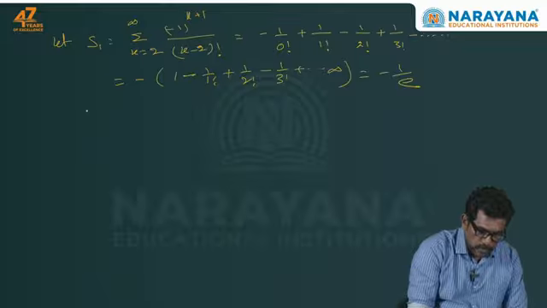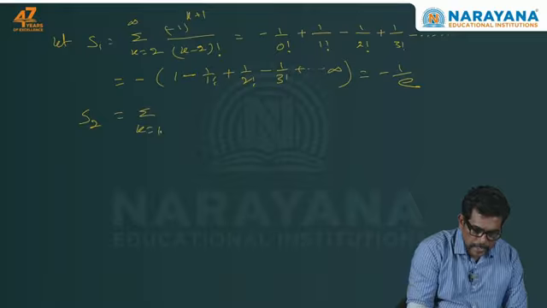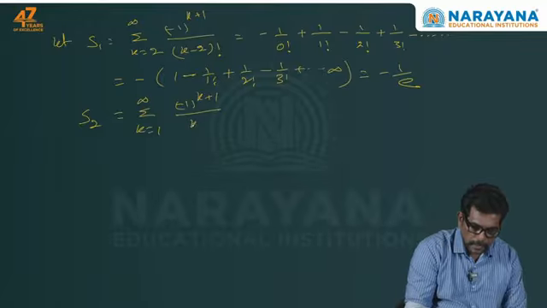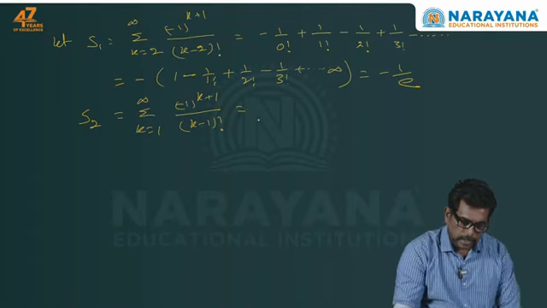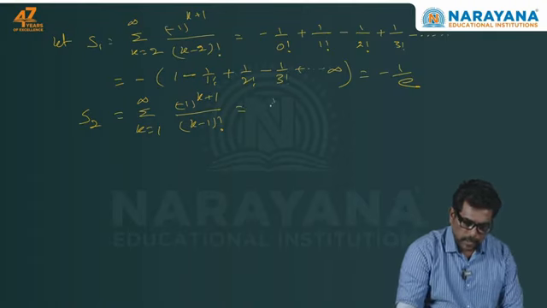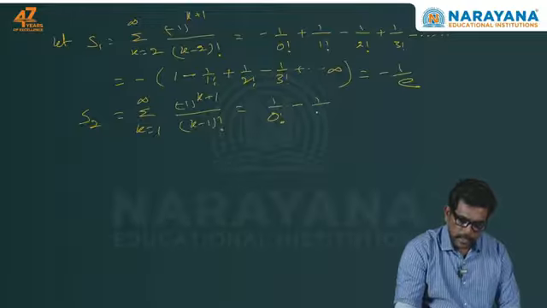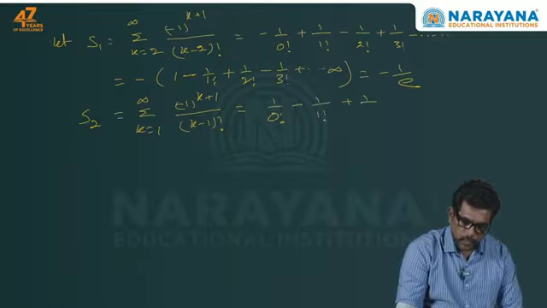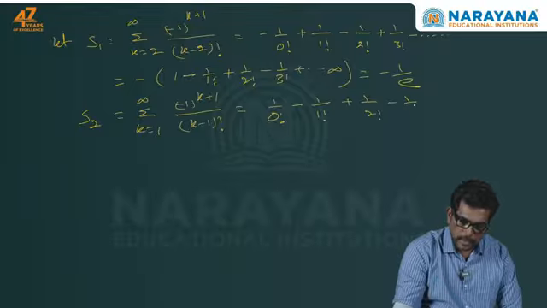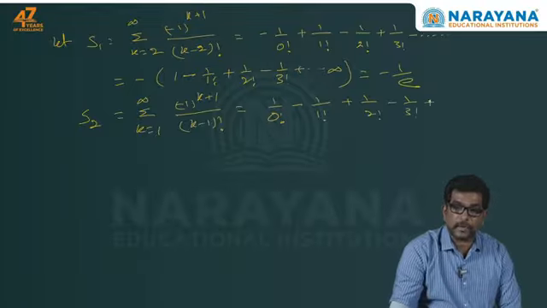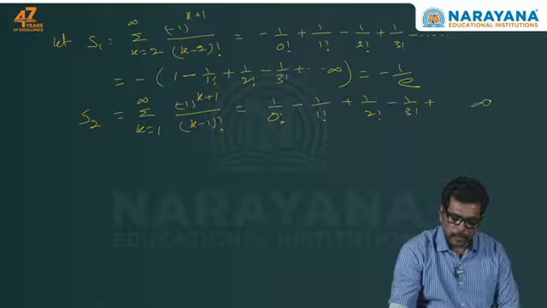Similarly, I am going to find S2, where S2 is equal to summation k equals 1 to infinity of (-1)^(k+1) upon (k-1) factorial. Substituting k equals 1 here: 1 by 0 factorial minus 1 by 1 factorial plus 1 by 2 factorial minus 1 by 3 factorial plus and so on up to infinity.